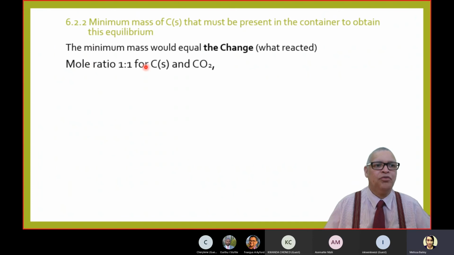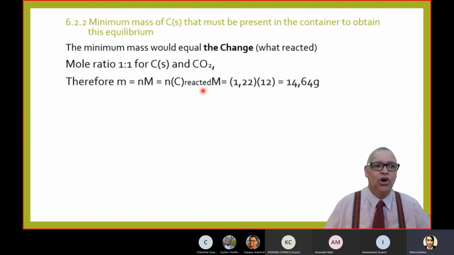So the mole ratio for carbon and carbon dioxide in that reaction is 1:1. I think we remember that. So m is equal to n multiplied by M, right? That's from that famous equation. And so when we take 1,22 multiplied by 12, right? Where do we get 12 from?